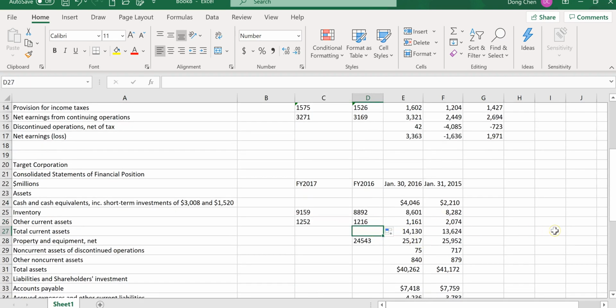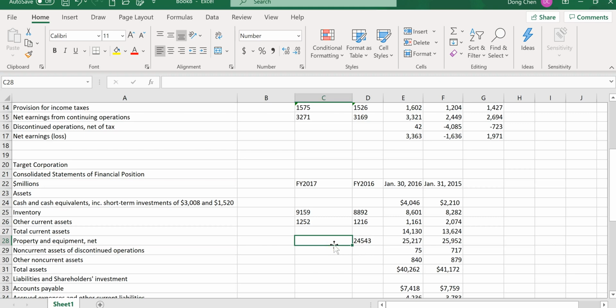And hence the total current assets, we can also leave this alone, because this will depend on the cash, right? We don't know the cash yet, so we can just leave this alone. And net PPE, yeah, we have already figured out net PPE for fiscal year 2016.